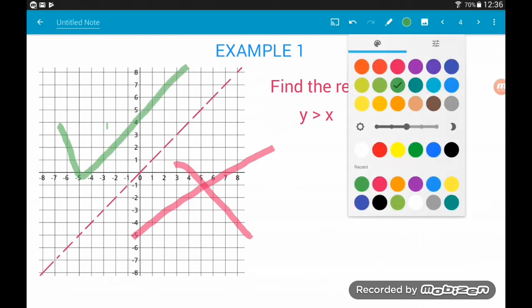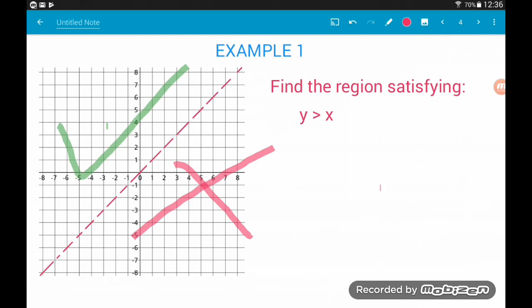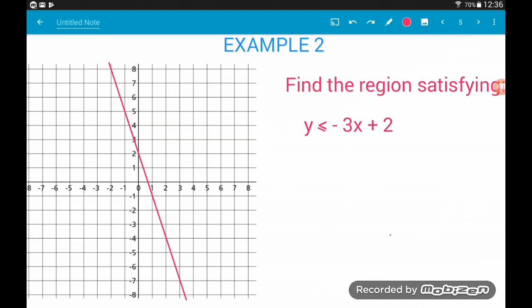Now let me just prove it to you. Let's pick a point on the line, let's go for 3, 3. Let's say we start at 3, 3 and we go one place straight up. Then our coordinate would be 3, 4. So the y coordinate is bigger than the x coordinate. y is greater than x. Jobs are good.